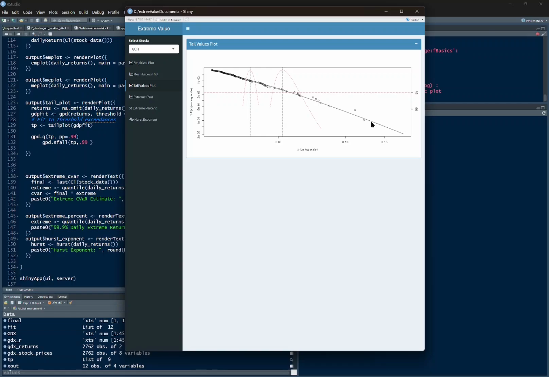Red dashed curves show fitted models or confidence bounds for tail estimation. You can see that there. See that there? Sort of a curve over confidence bounds. The horizontal red dashed line marks a threshold percentile, like the 95th, indicating where extreme values begin. 99.